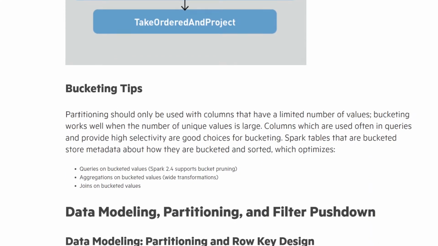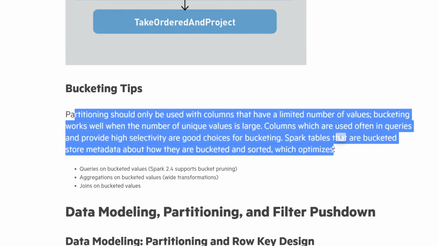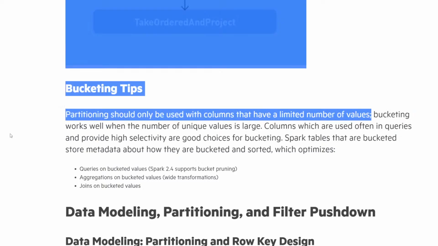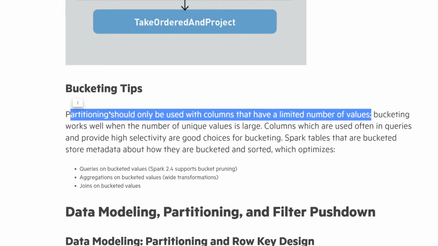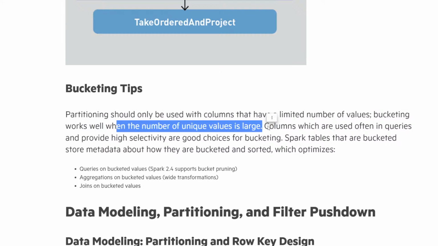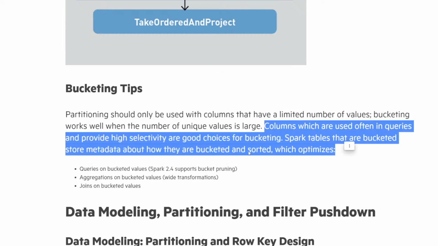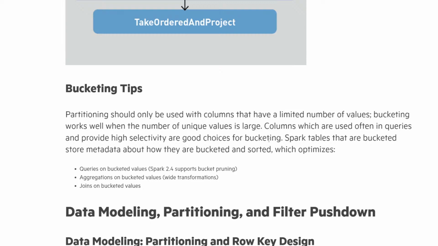Here, if you look at that, partitioning should only be used with columns that have a limited number of values. So if you have a limited number of values, partitioning might work. Bucketing works when the number of unique values is large. Columns which are often used in queries and provide high selectivity are good choices for bucketing.